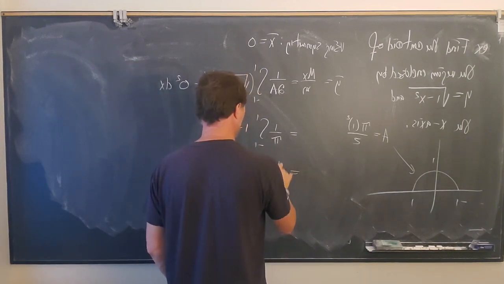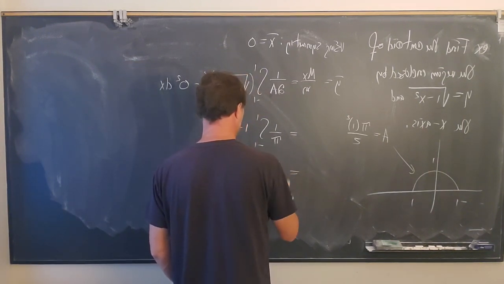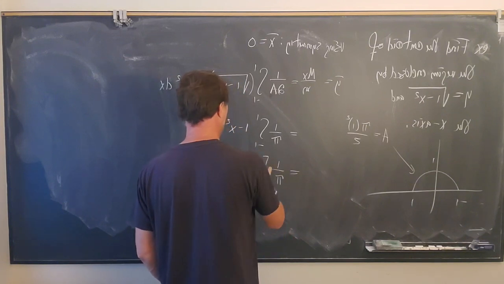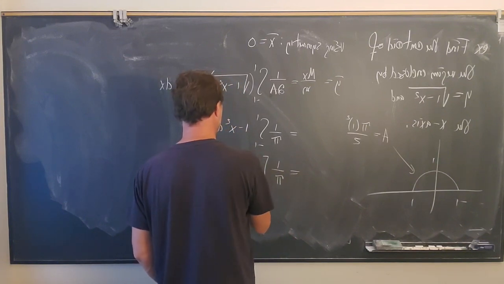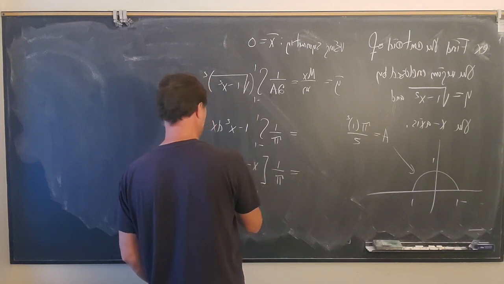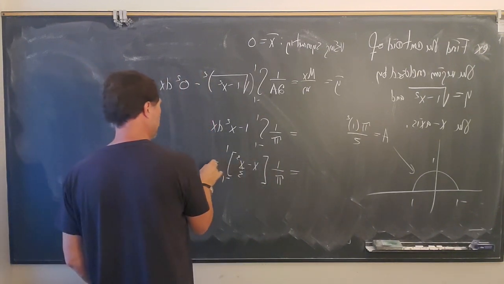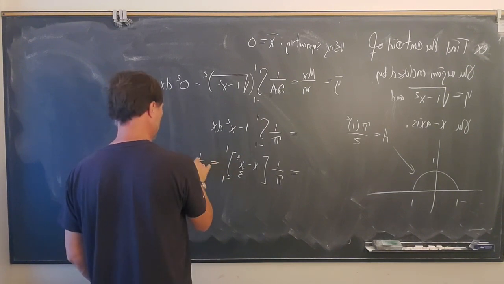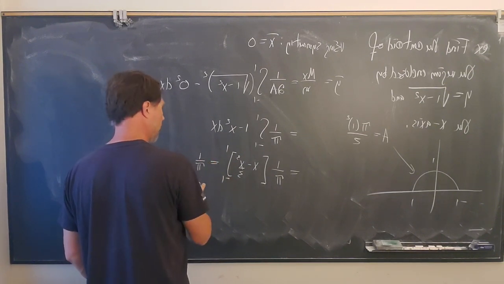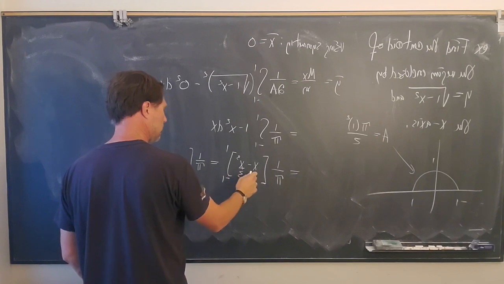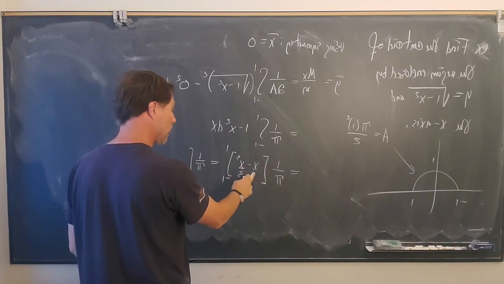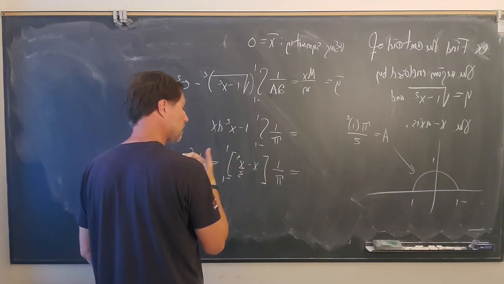And so that's going to equal 1 over pi. So now let's compute the antiderivative. We get x minus x cubed over 3, and we're going from -1 to +1. So that's 1 over pi times, when I plug in the upper limit, I get 1 minus 1/3, so that's 2/3.